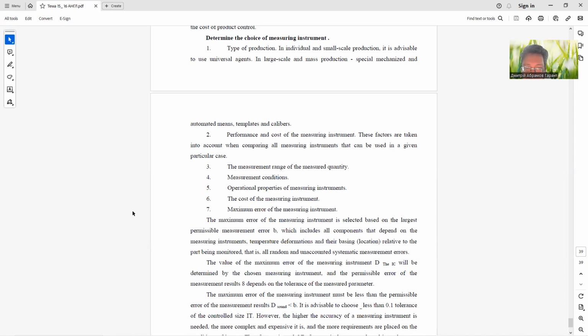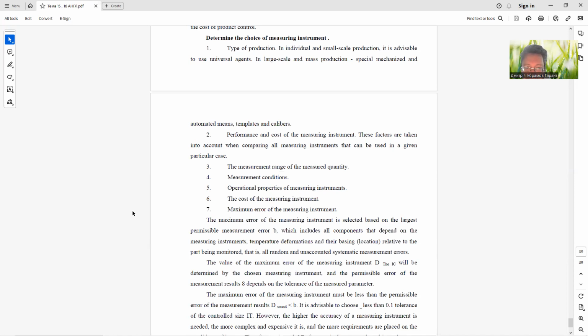Performance and cost of the measuring instrument. These factors are taken into account when comparing all measuring instruments that can be used in a given particular case.